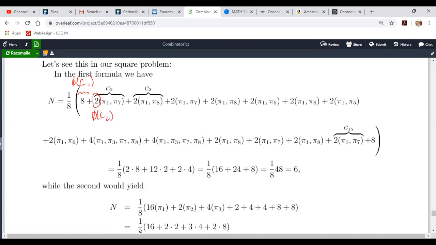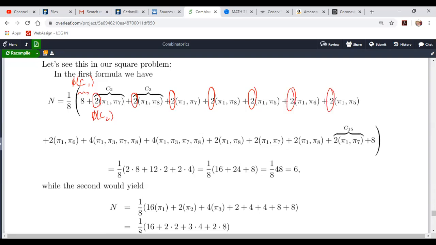In here, what I was actually doing was writing down the permutations giving rise to that 2. So the number of things that fix C2, there are 2 of them. Similarly, there are 2 permutations that fix C3, 2 permutations that fix C4, 2 that fix C5, 2, 2, 2.